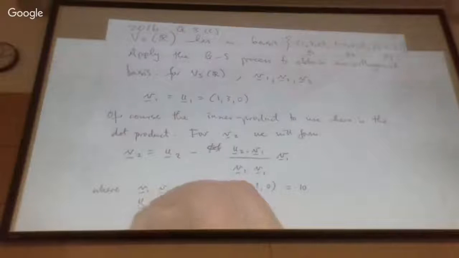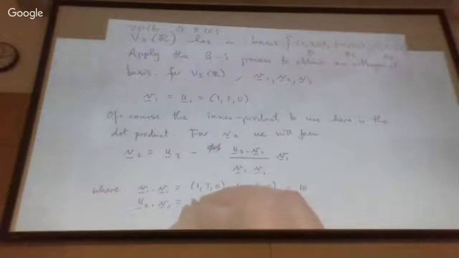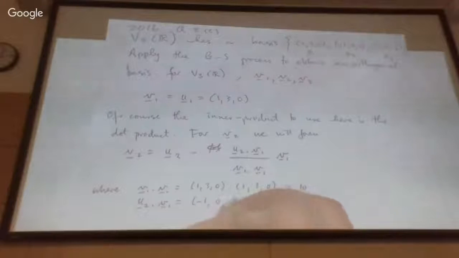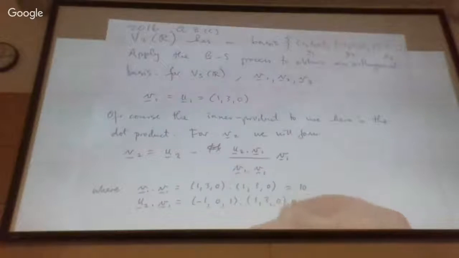And U2 dot V1, where U2 is (-1, 0, 1) and V1 is (1, 3, 0), is just -1.